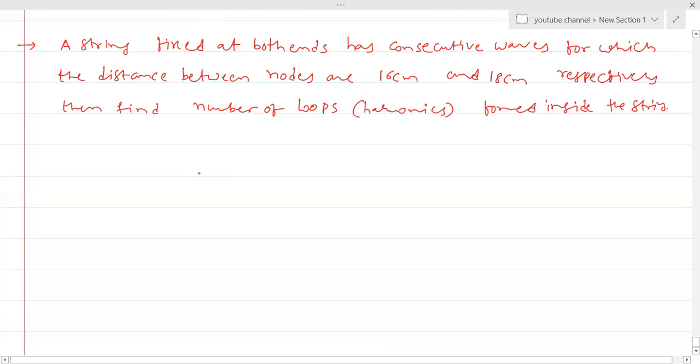It has consecutive waves for which the distance between the nodes are 16 centimeters and 18 centimeters. So that means you are seeing successive nodes at a distance of 16 centimeters and 18 centimeters.